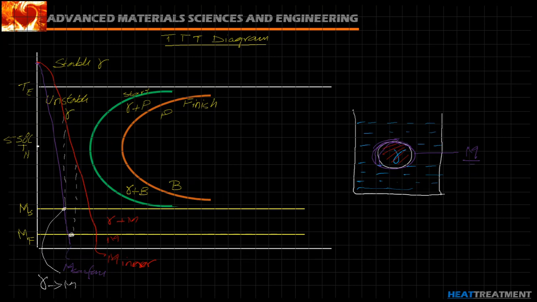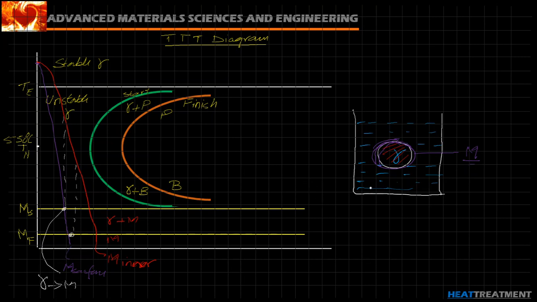This purple is showing the outer layer of the austenite that is transformed to martensite, whereas this red curve shows the inside cooling of the austenite that still has to transform to martensite. And all this is happening because the entire component is not transforming to martensite at the same time.